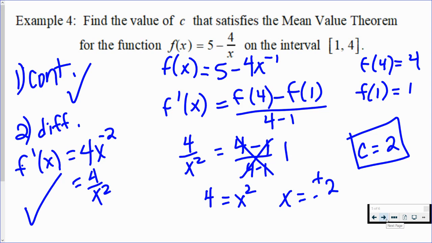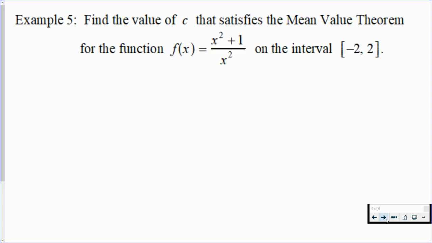Let's try one more. Find the value of c that satisfies the mean value theorem for this function on the interval. Okay, first thing we need to check, are we continuous? This function is not continuous at x equals 0. Is that on our interval? Yes, it is.